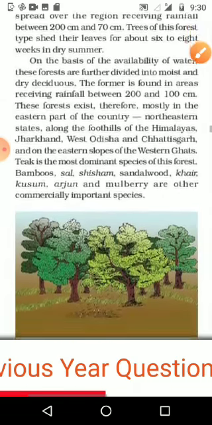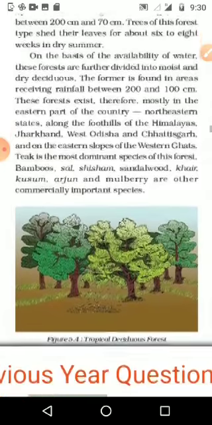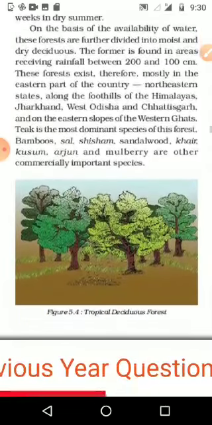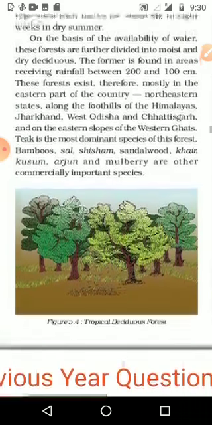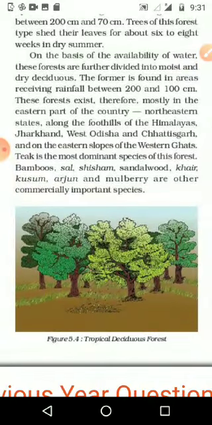The former is found in the areas receiving rainfall between 100 cm to 200 cm. These forests exist mostly in the eastern parts of the country and the northeastern states, along with the foothills of the Himalaya, Jharkhand, West Orissa, Chhattisgarh, and on the eastern slope of the Western Ghat.